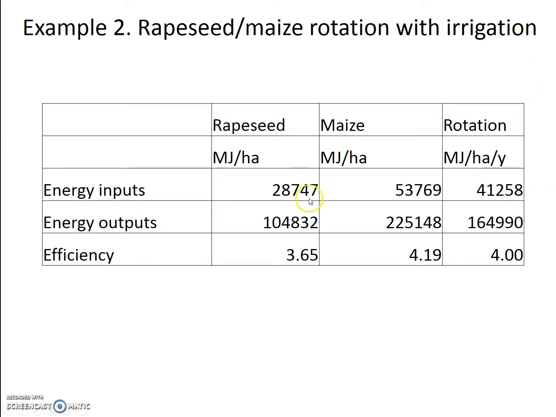The energy efficiency is calculated by considering the energy outputs for rapeseed or maize divided by the energy inputs. The average efficiency of the rotation in terms of energy is 4.0.